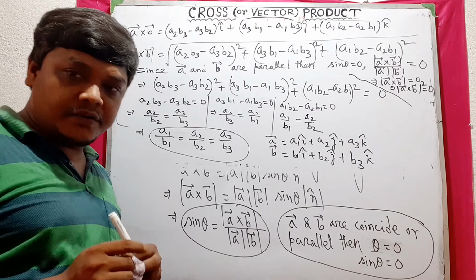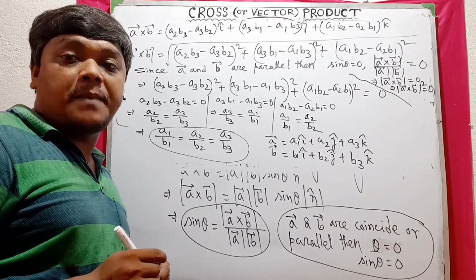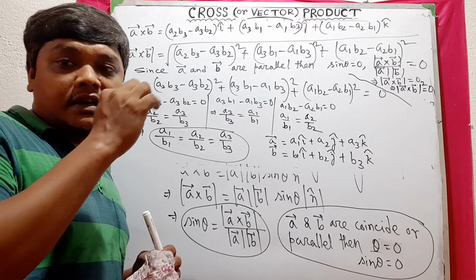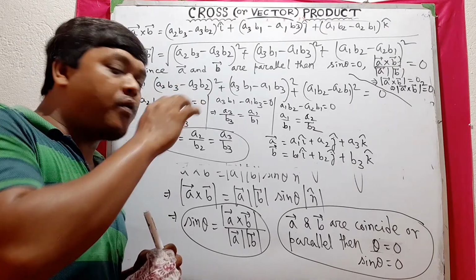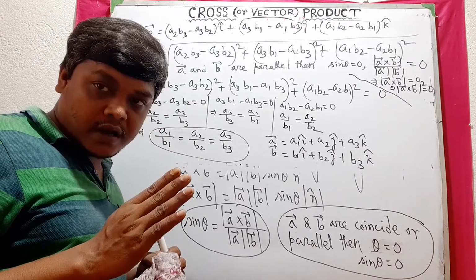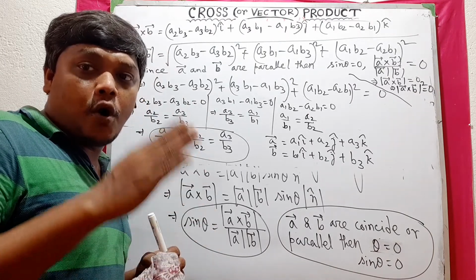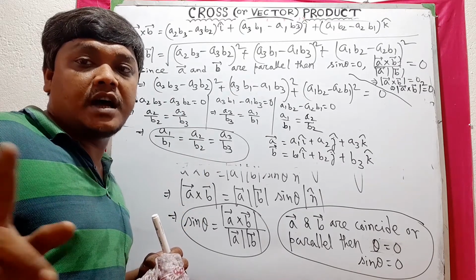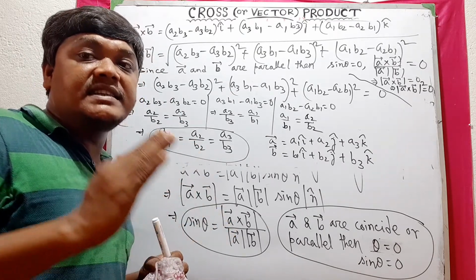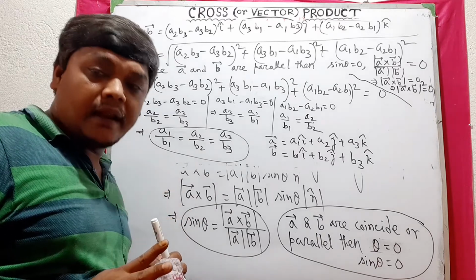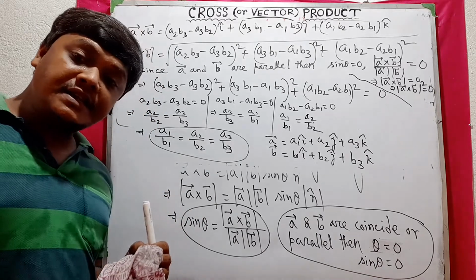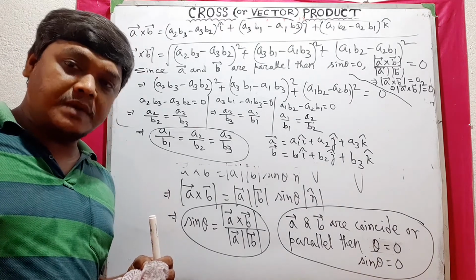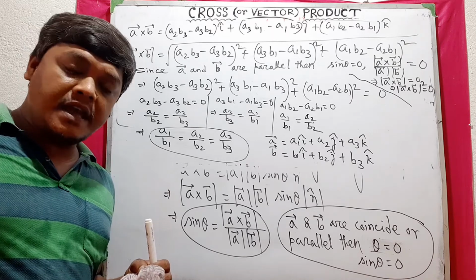Two vectors are given and you have to check whether they are parallel or not: just take the coefficients and take the ratios. If the component-wise ratios are proportional, then we can easily say A and B are parallel. Another condition is that if A cross B equals the zero vector, then A and B are parallel.